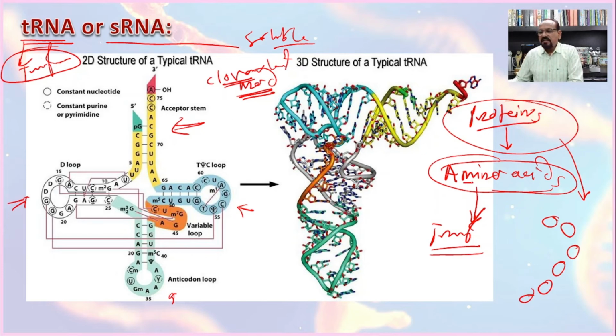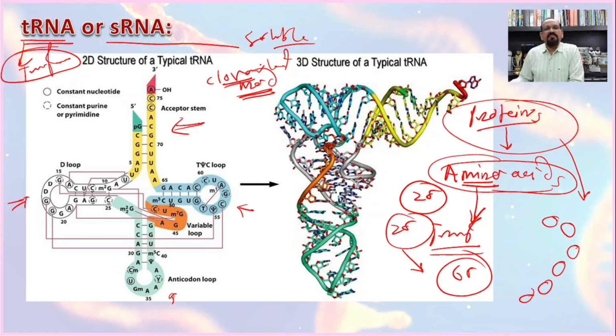It means that these 20 different amino acids will require a minimum of 20 tRNA molecules. But if you see in living organisms, there are up to 60 different types of tRNA which are involved during protein synthesis for the transport of amino acids.